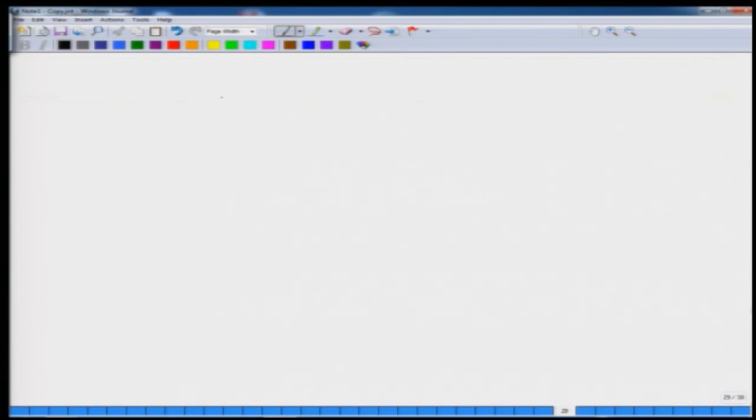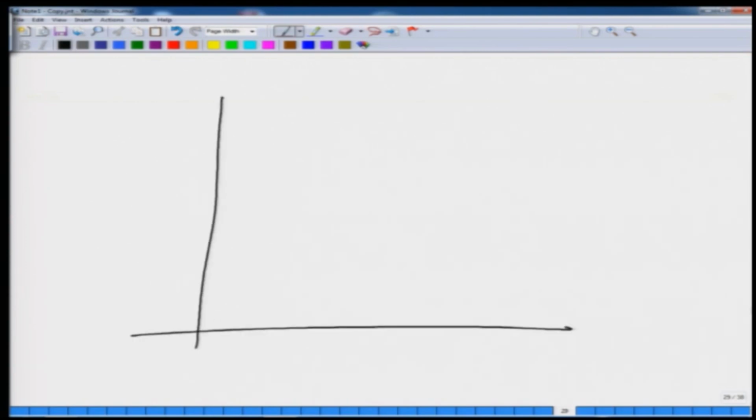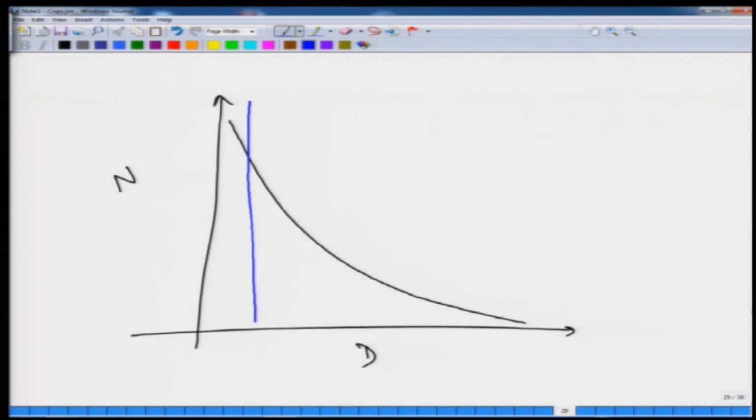At the same time, we have seen in the case of a natural forest that if we plot the ND curve, the number versus diameter, we get a curve like this. What this means is that in the case of plants with very less diameter, so this is x centimeter, the number of plants is very large.